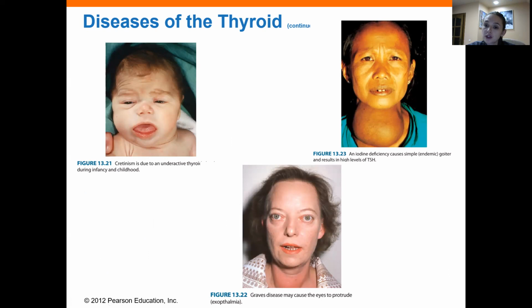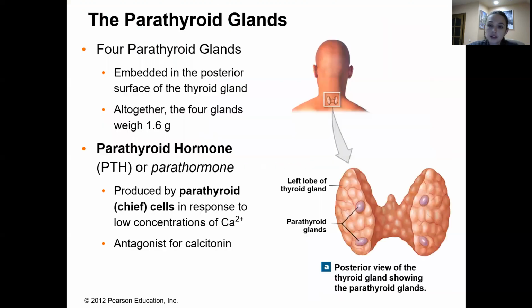On figure 13.22, it's goiter, which means enlargement of the thyroid gland. In this case, it happened due to iodine deficiency. In the next figure, we have an example of Graves' disease, which may cause the eyes to protrude, which is called exophthalmos.